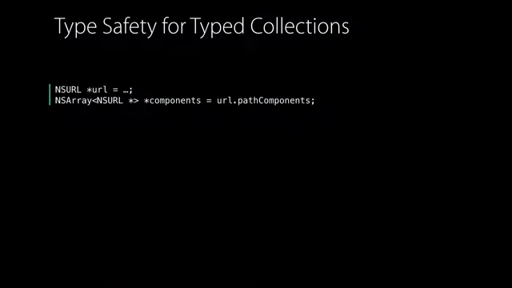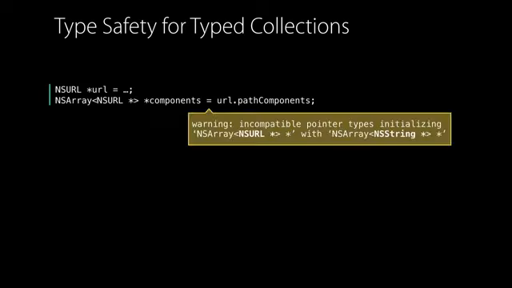That almost seems reasonable if I didn't know this API. And it would be a while before I got the runtime error, the unrecognized selector that points out that, no, I'm completely wrong in my usage of path components. With typed collections, and of course, us rolling out typed collections throughout our SDKs, now you get a warning to tell you just what you did wrong at the point where it happens.